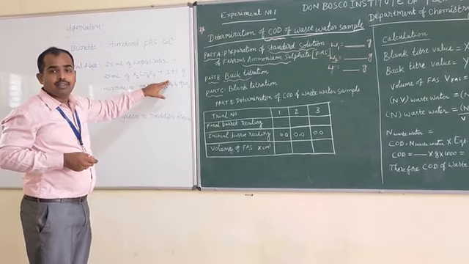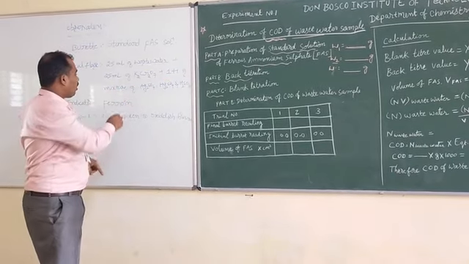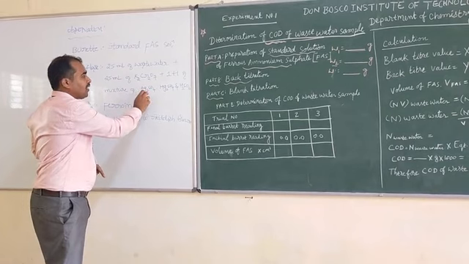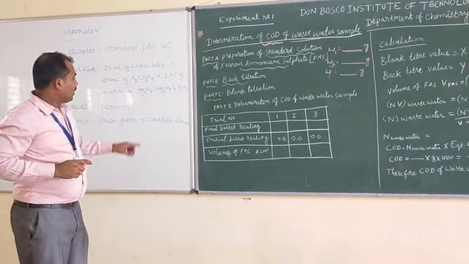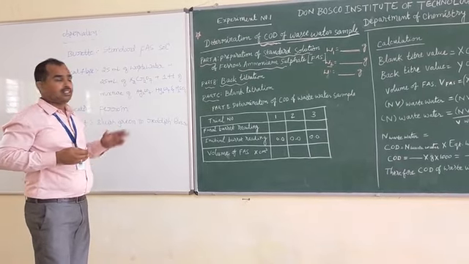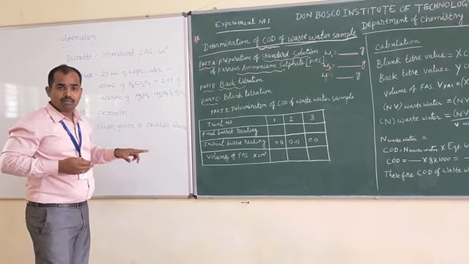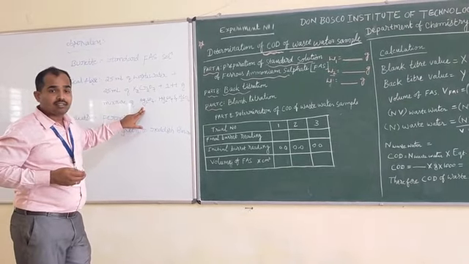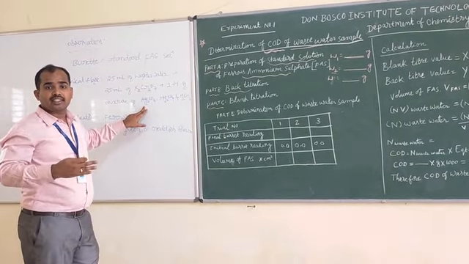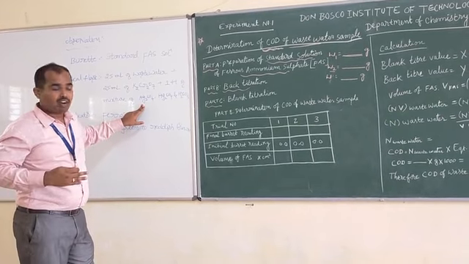Then we need to add 1 test tube of a mixture of silver sulfate, mercury sulfate and sulfuric acid. So why are we going to add this mixture of all three chemicals? Because here the sulfuric acid and silver sulfate will catalyze the reaction, which means it will enhance the rate of oxidation.